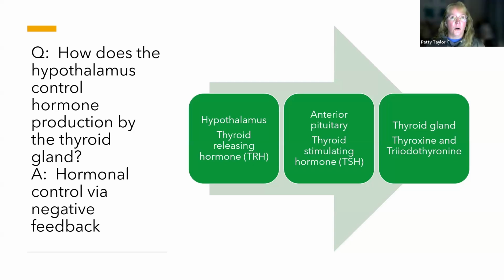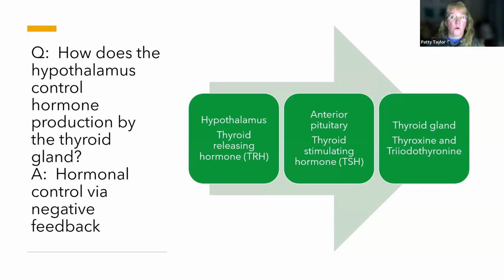It's called TRH. This releasing hormone targets cells in the anterior pituitary. In turn, the anterior pituitary makes and releases thyroid stimulating hormone, or TSH. TSH targets the thyroid follicle cells, and they now release thyroxine and triiodothyronine.